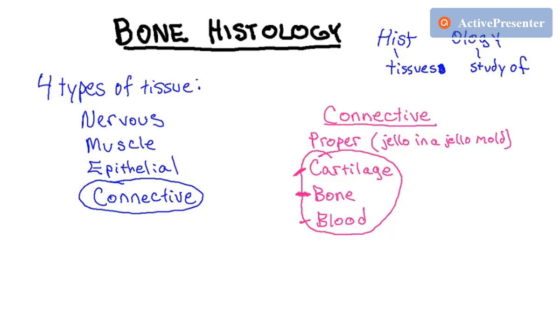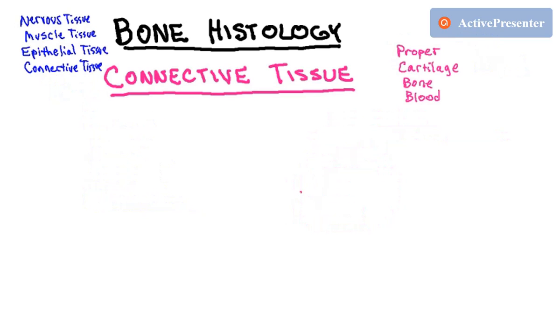And blood is also involved because bone plays a big part in the formation of blood. So cartilage plays a big part in the formation of bone. Bone plays a big part in the formation of blood. Now, before you can have bone, you have to have cartilage. So let's look at cartilage first.